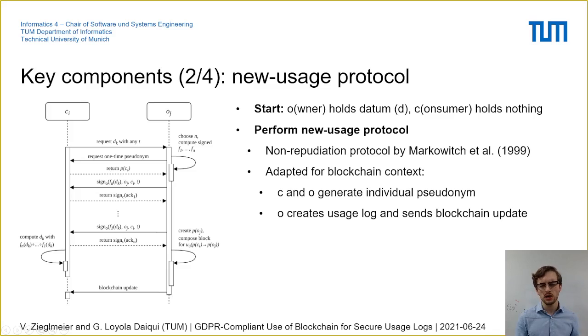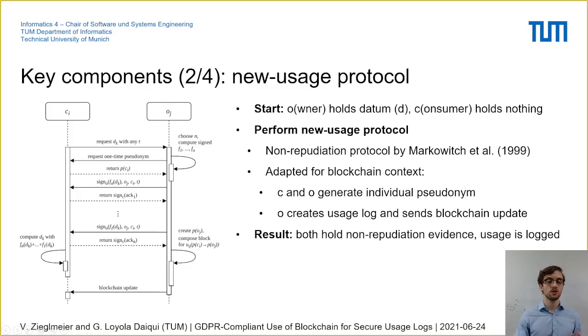That means only if all messages are successfully transferred, the consumer can decrypt the datum by composing the messages together. Importantly though, because it is designed this way, both hold in the end a non-repudiation evidence, so they both can prove their interaction with each other. Additionally, the usage is securely logged.